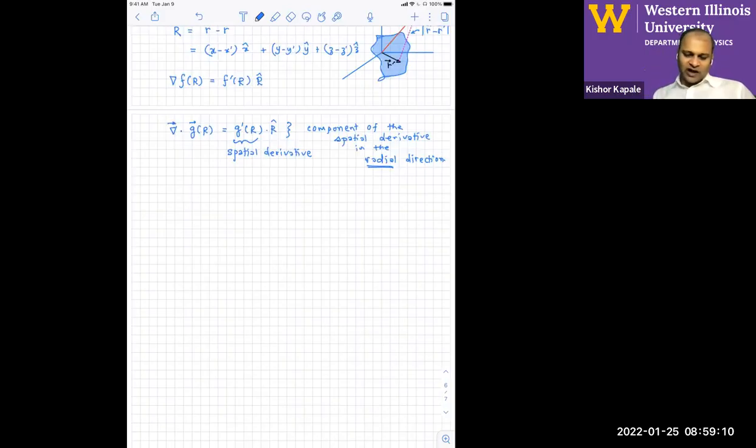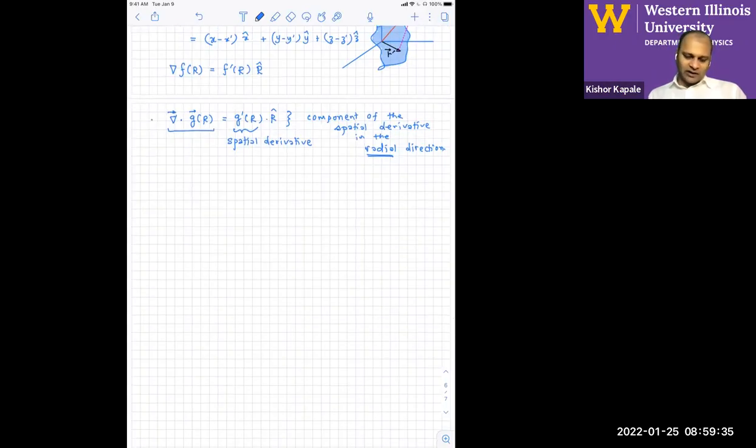So a divergence of any vector field which is a function of the distance coordinate r alone is the component of the spatial derivative of that function, how it changes in space, in the radial direction, right? So that's the physical meaning of it, but you can see that from here also.